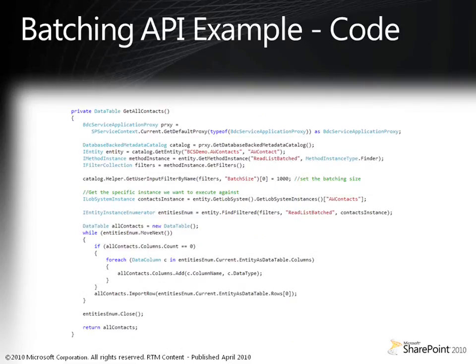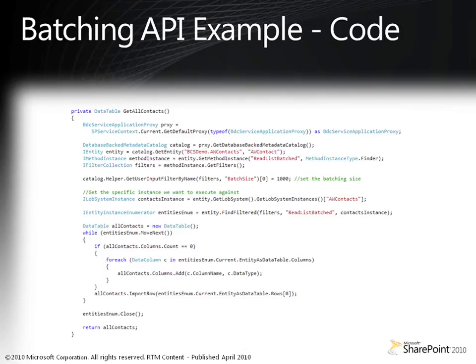So let's see what the code looks like to batch responses from a line of business system in which we want to pull a large amount of data. Again, we have our code, which we use to gain access to our service application, catalog, and entity. We then ask for our method instance, which implements the batch operation. Notice it's a finder method. Using the method instance, we get a collection of our filters.